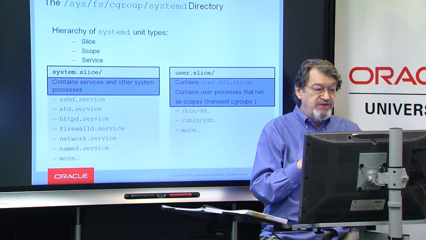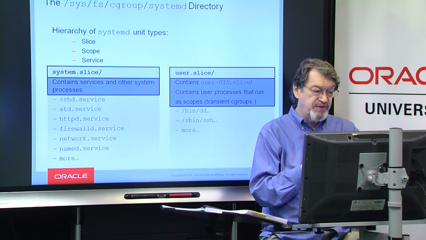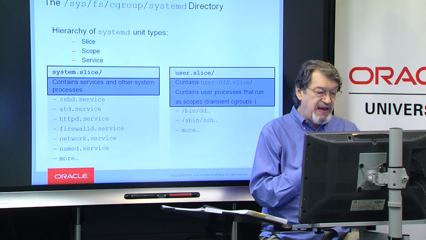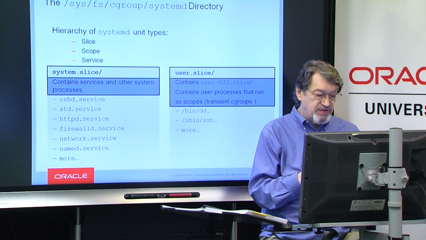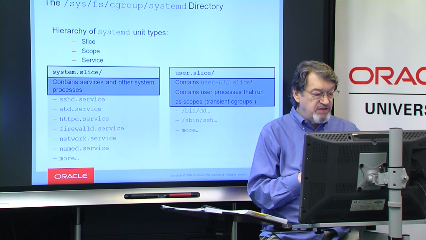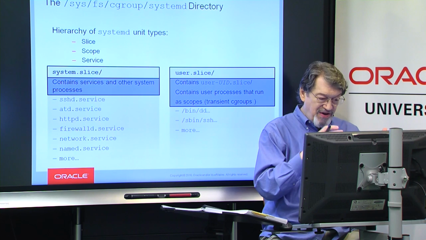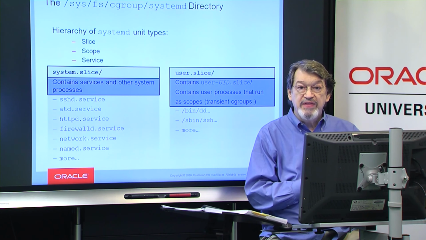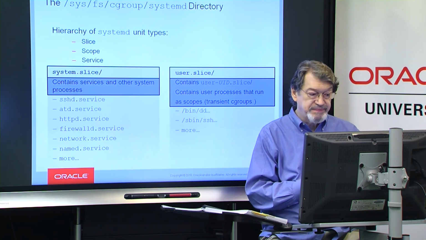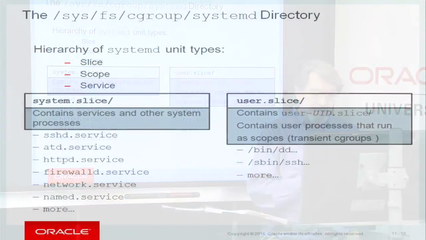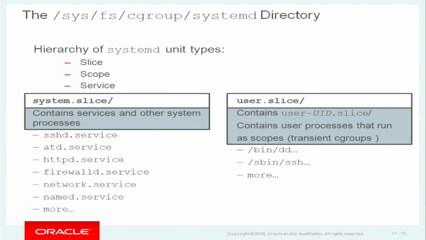As you look in the very last directory, systemd, we have slice, scope, and service. Under the system slice, you will get a listing of all of the services that are running on your box. In the user slice, every user has a user ID number.